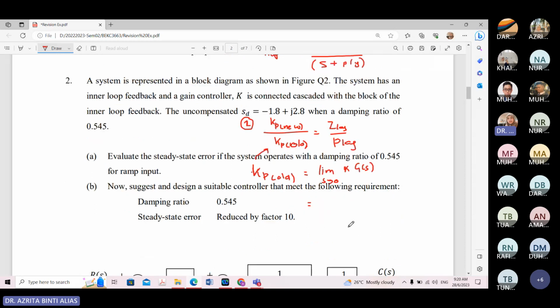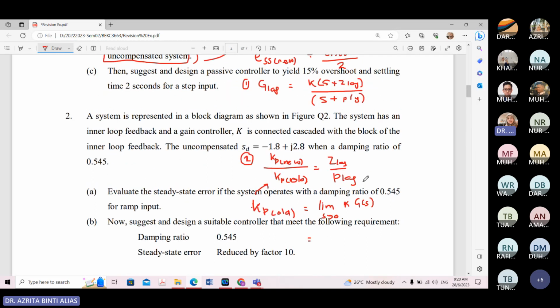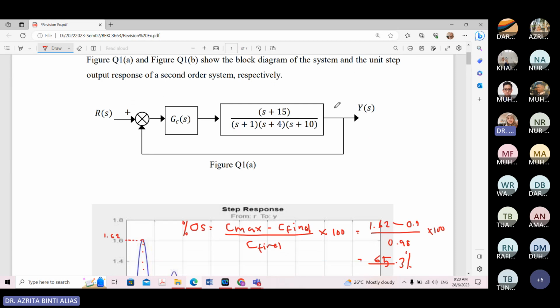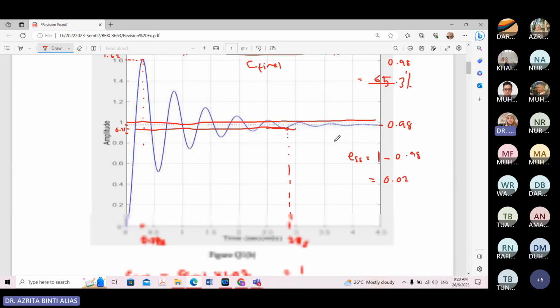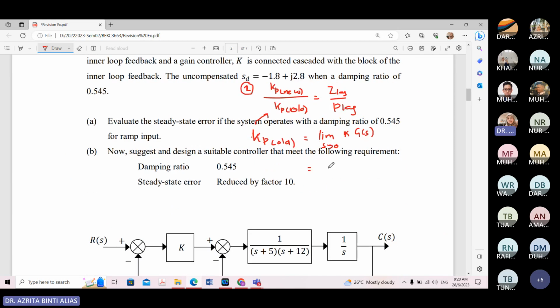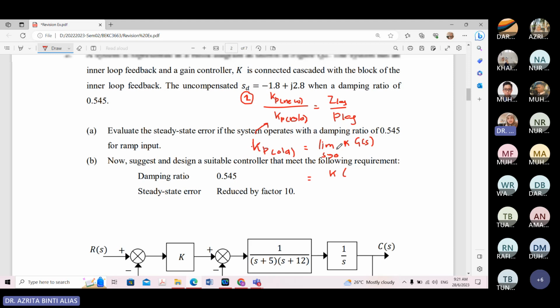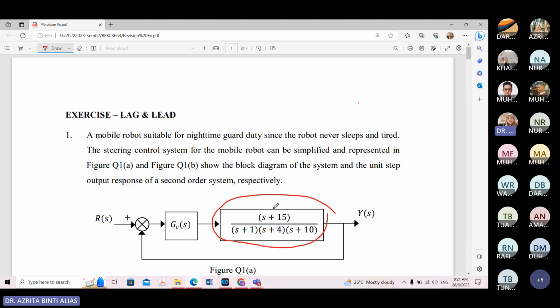You just put it in. And G(s) refers to the transfer function in here. Okay? So just put the value of gain K and then we replace s with 0.